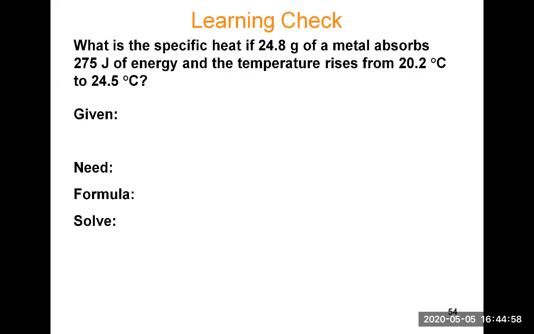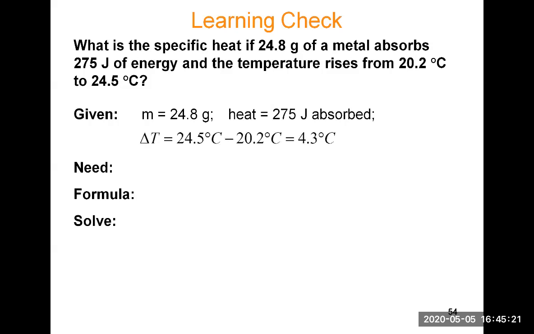So we have this piece of metal. We know its mass, 24.8 grams. We know the amount of heat that has been applied to it, and it's 275 joules that the metal absorbed. And by absorbing this energy, its temperature went from 20.2 degrees to 24.5 degrees.